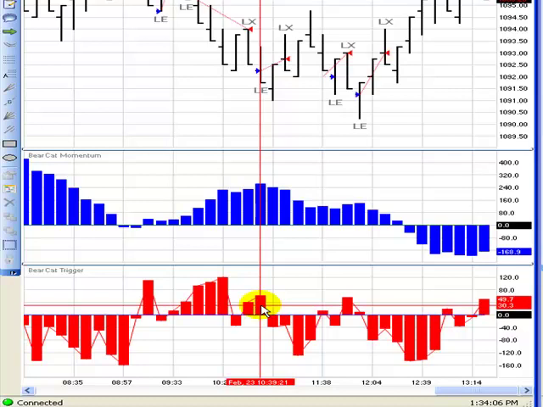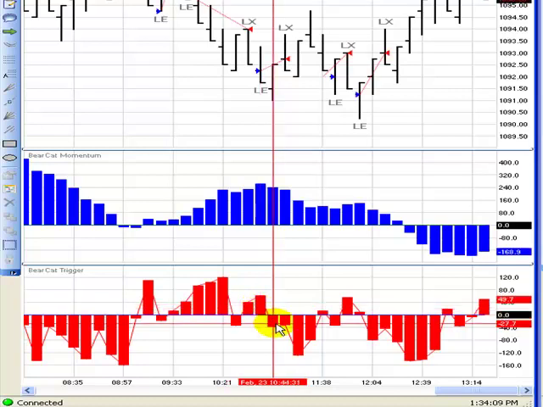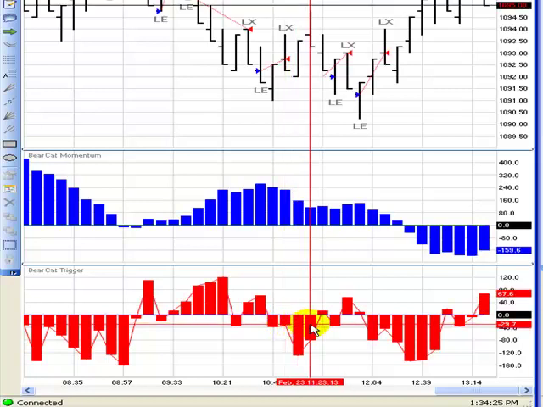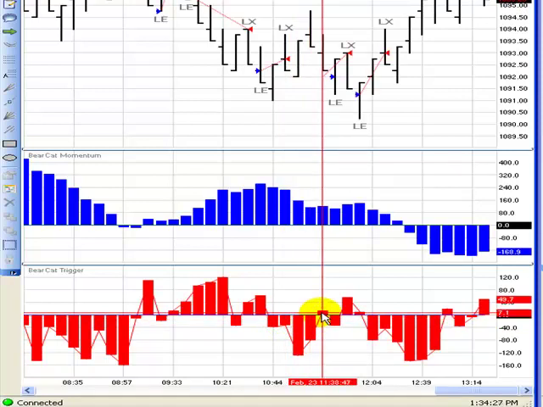Unfortunately, we jump back below 0 with our trigger. So that tells me the next bar we're out of the trade. Now I say unfortunately because we didn't stay in the trade for a long time. We were in it for about 10 minutes or 9 minutes, and we made a profit. And then we just look for that to repeat itself. We look for our cross from below 0 to above 0. Here it is.